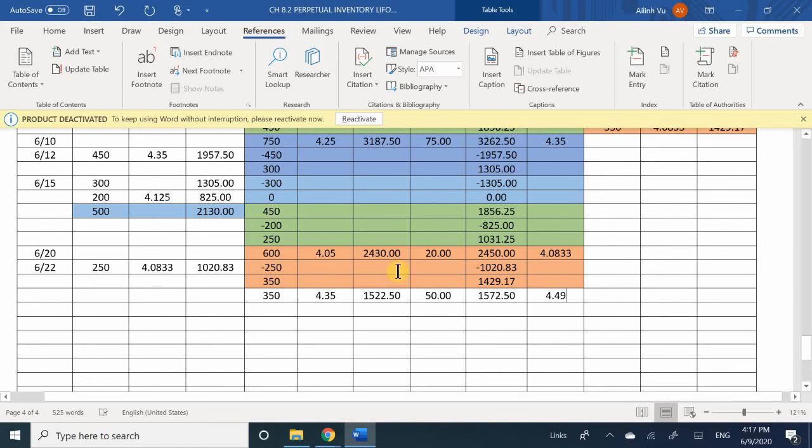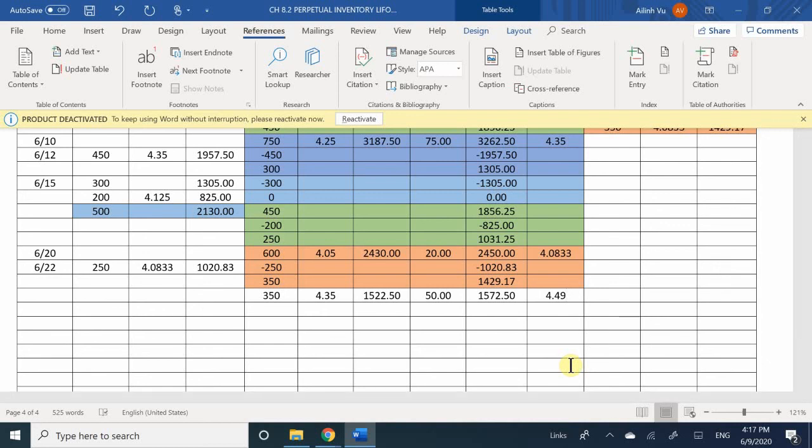Did you do 1522.50 or 1572.50? 1572.50 divided by the 350, correct, and I come up with 4.492.